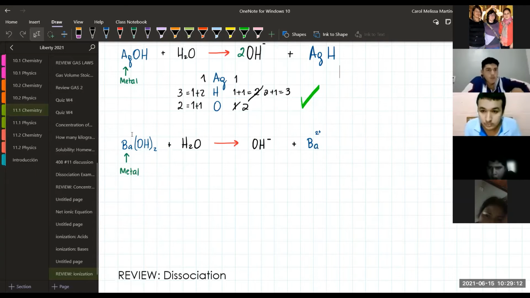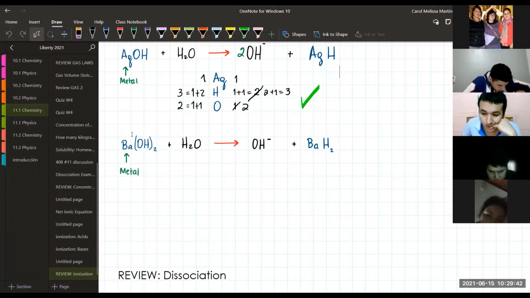And hydride is the ion H negative. So you are going to crisscross the charge. The 2 from barium comes to hydrogen. And as a result, this is barium hydride.